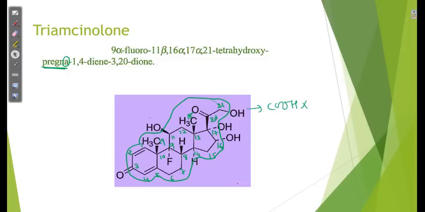So let us see. This is 9 alpha. If you see here, this is the alpha position. 11 beta. If you see that, this is a beta position. 16 alpha. If you see that, it is dashed. If you see 17 alpha, this is like this one. In that way, there are so many IUPAC names of compounds that are covered and required to understand the basic nomenclature of the drug.